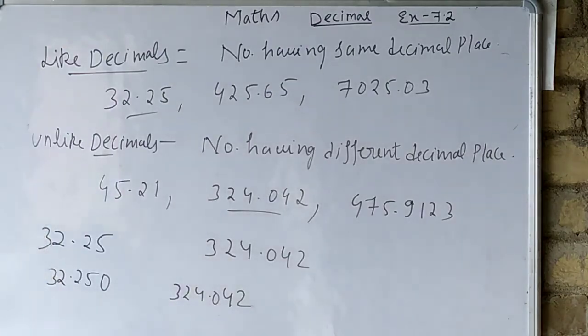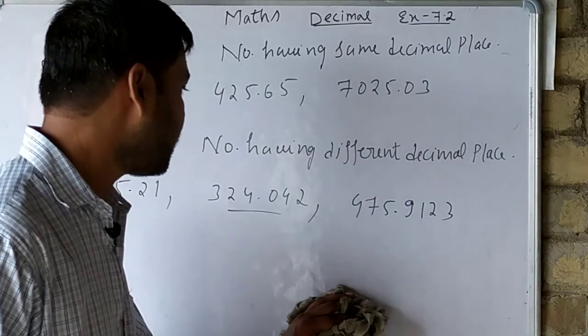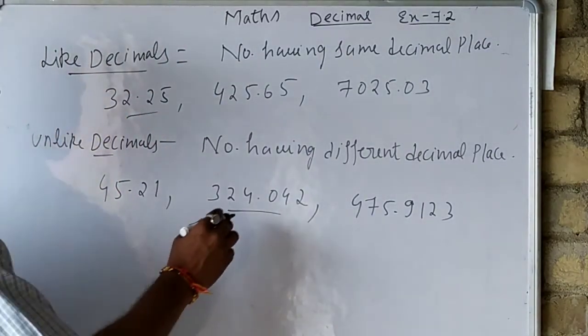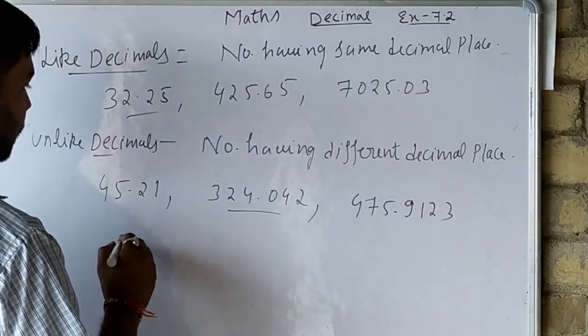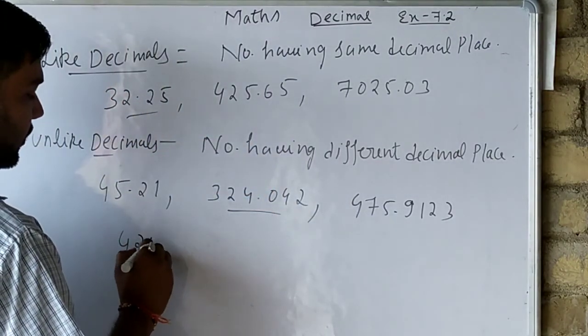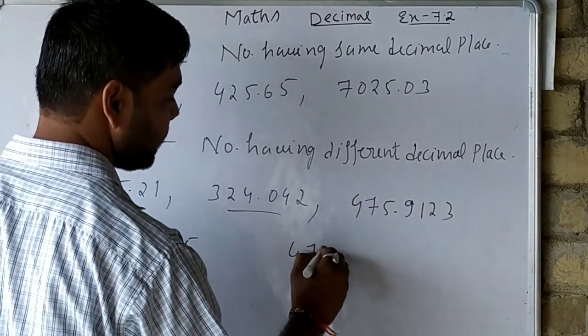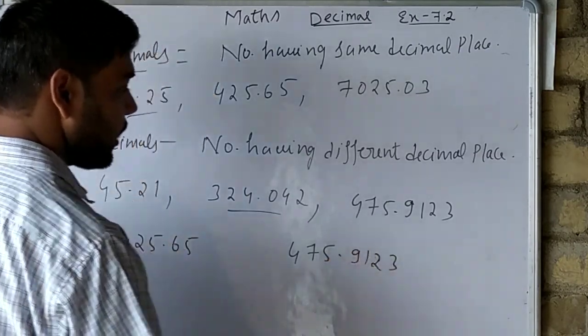See a few more examples of how we convert unlike to like decimals. For example, take 425.65 and another number 475.9123.